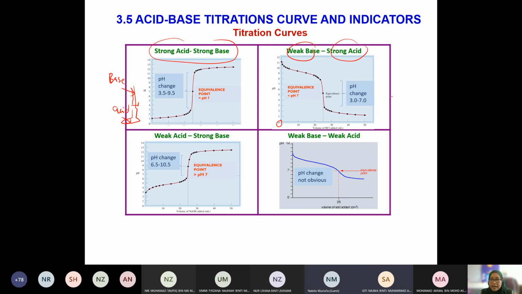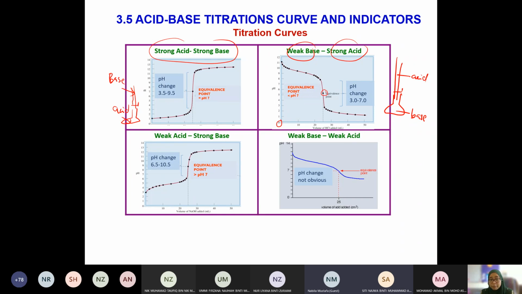That means in the flask is the base, and in the burette we have acid. So weak base starts from 11. If strong base, it is 13 to 14. So weak base is normally 11 something. It will neutralize the acid added. So this is the equivalent point.